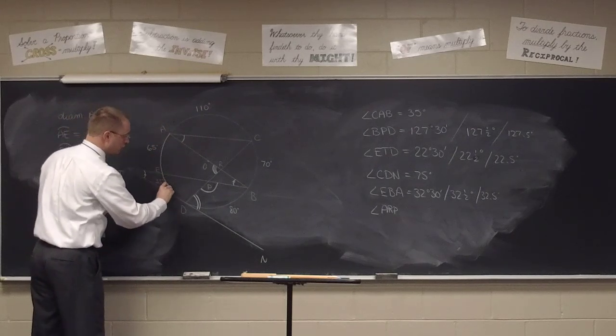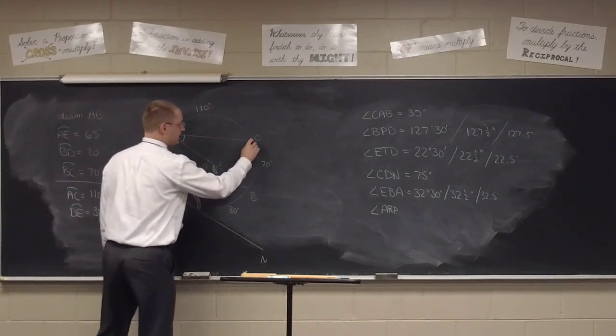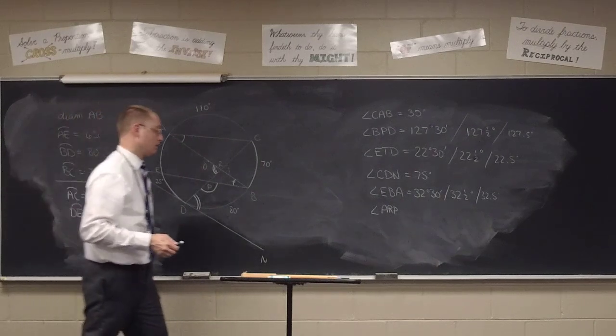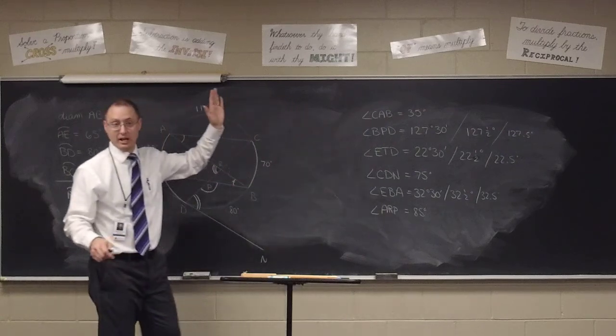A full 100 degrees here. How about its vertical angle's arc? 70. So the sum, of course, would be 170, and half that sum, 85 degrees. How many had that for the last one, angle ARP?